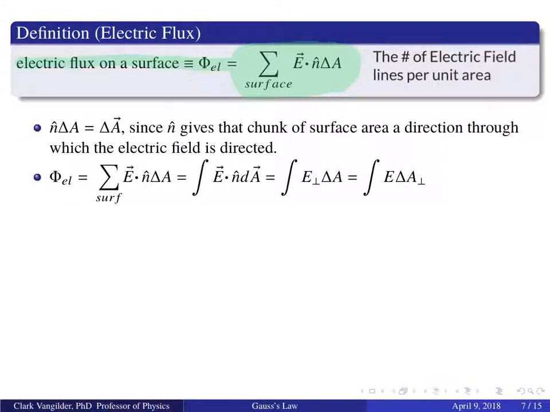Should be easy, it's a sum, and we've given the area direction, so there's some pay dirt for explaining stuff in here. So we go from this definition, which is in the form of a sum, and so now our sum becomes an integral. That's the way we do it in calculus.